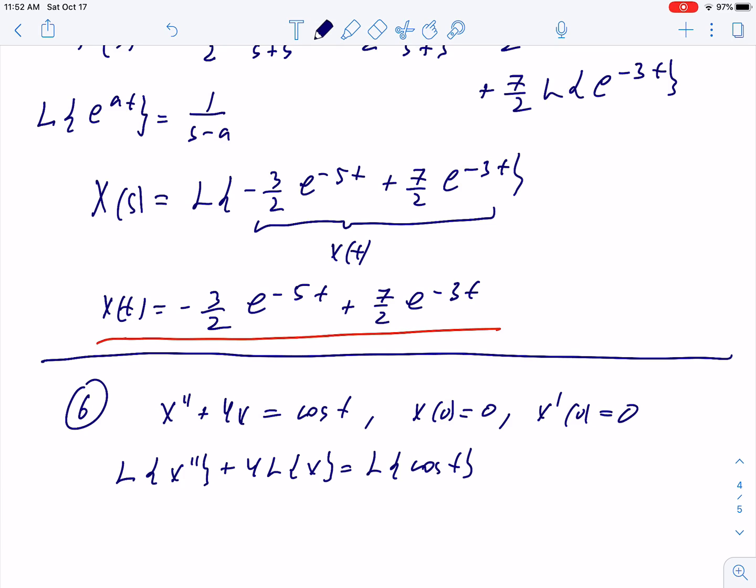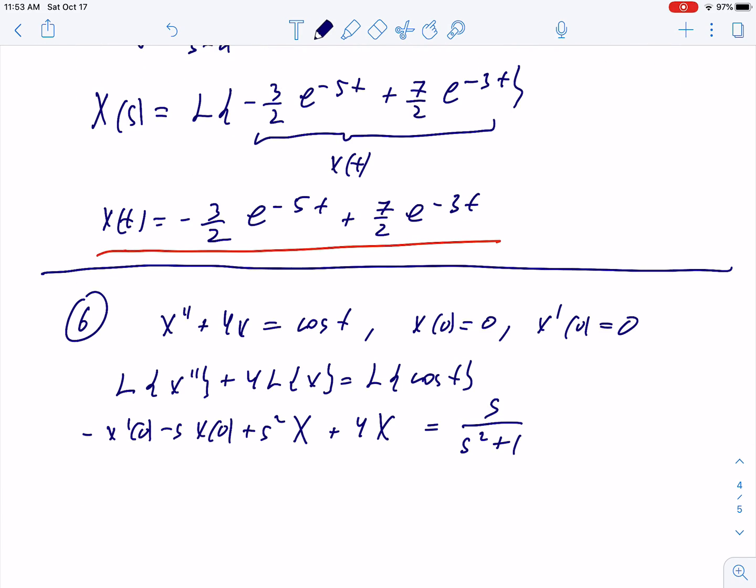Okay, now we're using the formulas that we know. Minus x prime(0) minus s x(0) plus s squared big X, and plus 4 times the big X. The big X is big X of s. On the right side, the transform of cosine gives s over s squared plus 1, where k is 1. x prime(0), x(0) are zeros.